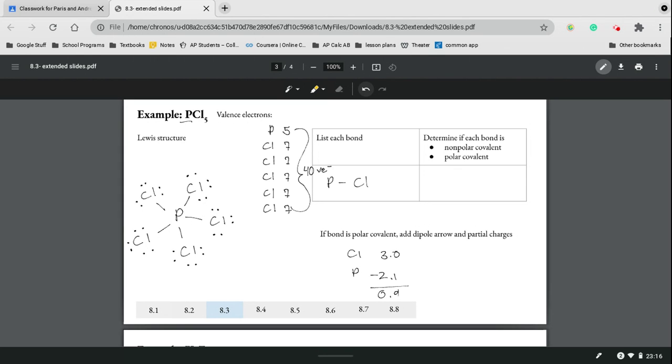The difference there is 0.9, which is a polar bond, meaning that when we do our dipole arrows and partial charges, chlorine is more electronegative, and so it gets the delta negative, with phosphorus getting that delta positive, and all the arrows point out to chlorine with their little pluses on the end closest to phosphorus.